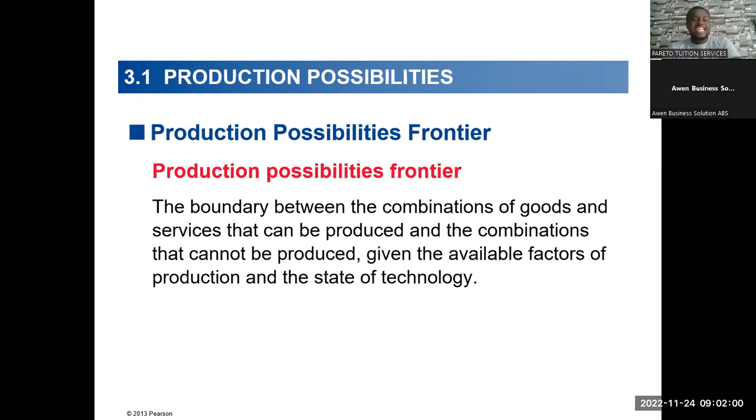Here, they are defining it as the boundary between the combinations of goods and services that can be produced and the combinations that cannot be produced. By looking at the PPF with the given technology and resources, we'll be able to know the combinations of good A and good B that we can produce and the combinations that we wish we could, but cannot produce because of the resources that we have, given the available factors of production and the level of our technology.